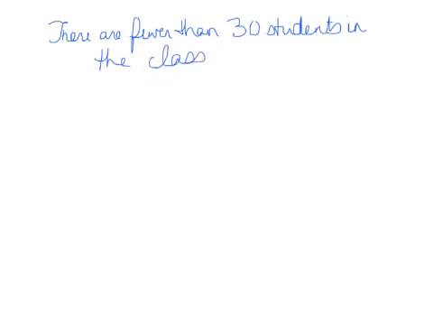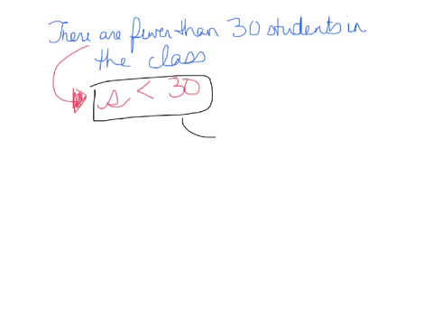What that means is that if I want to represent this, the number of students is fewer than, or is less than, 30. Okay? So this is taking this statement and turning it into an inequality. Now we can also demonstrate this on a graph, and this is what's called graphing the solution.